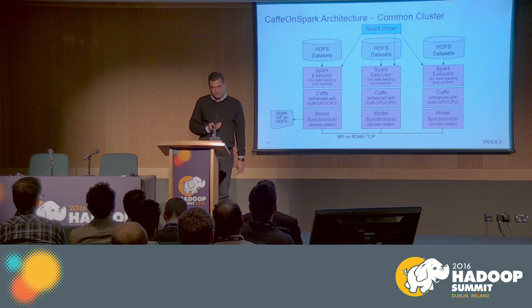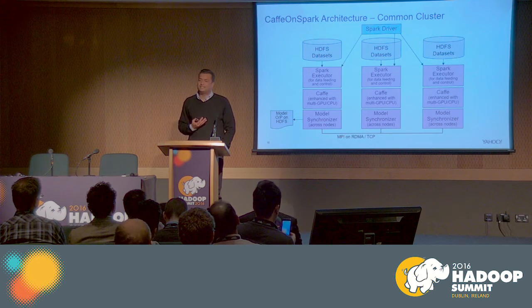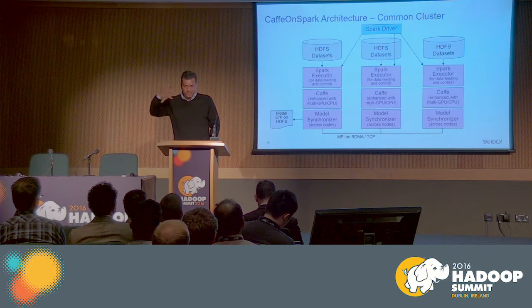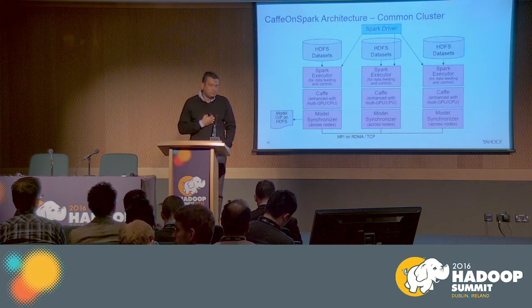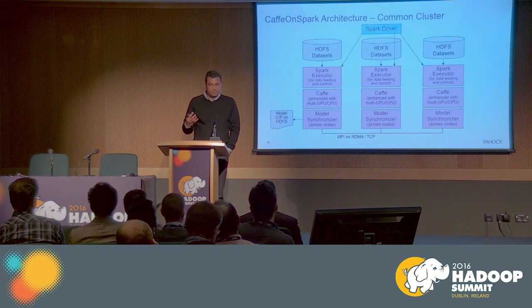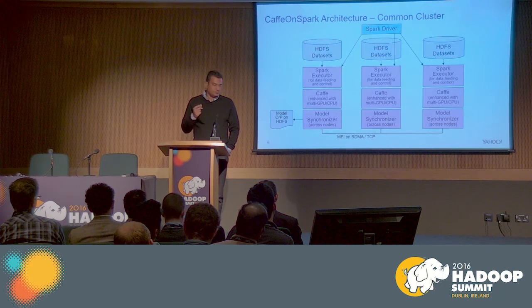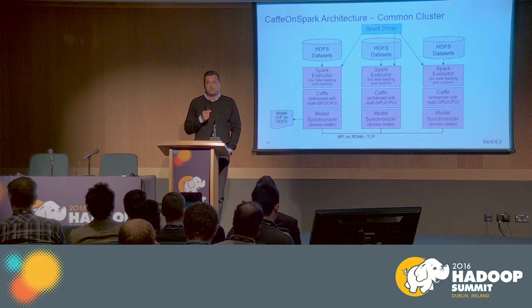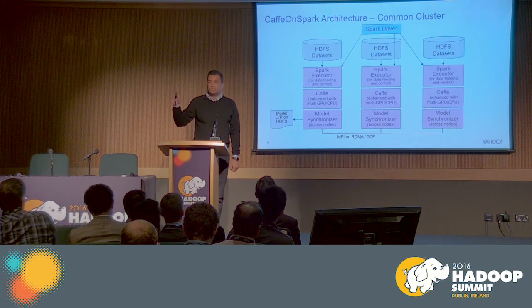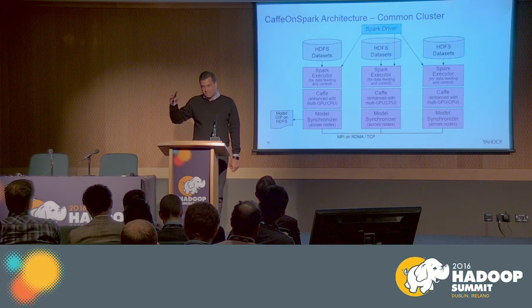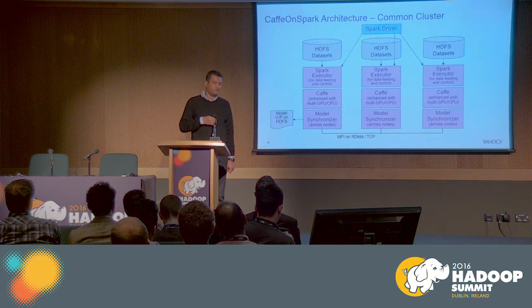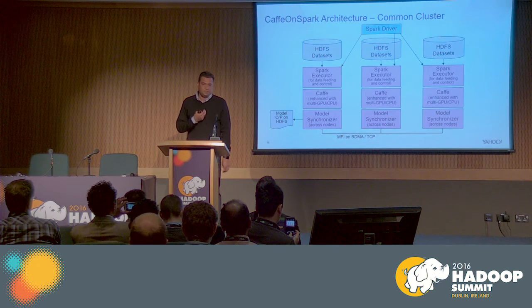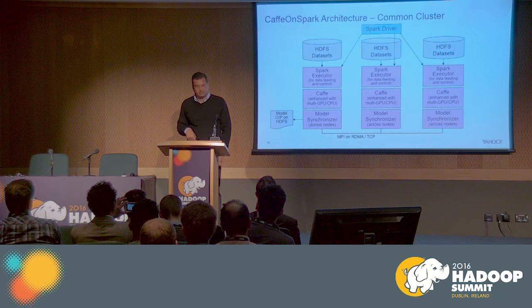So the architecture was very simple. As I said, all our data sets resided in HDFS. So HDFS became the source of data for Caffe on Spark. The Caffe itself was launched as Spark executors with a few enhancements, and one of the primary enhancements was that the executors could talk to each other, which is why we connected these GPU servers together with InfiniBand so that you can do an MPI style exchange, be it over TCP or Ethernet or InfiniBand.